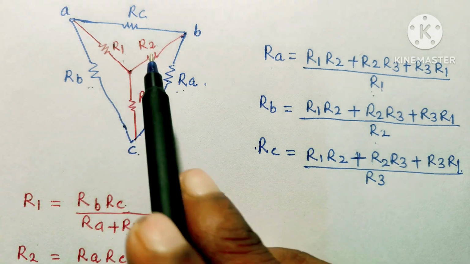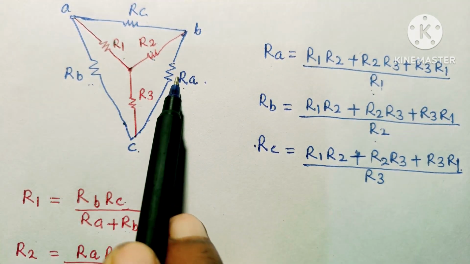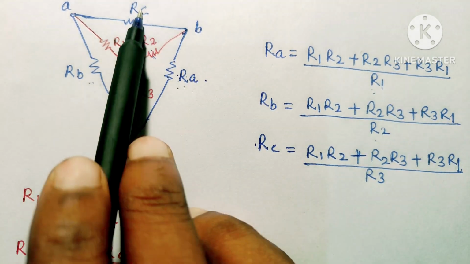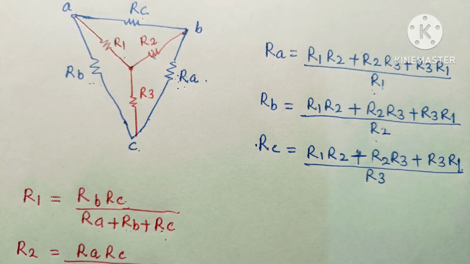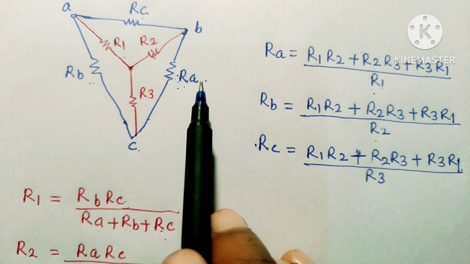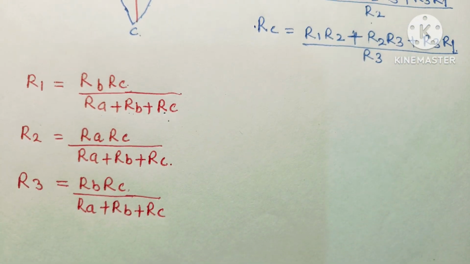If we want to find R2, then multiply these two resistances adjacent to R2, Ra into Rc, whole upon the sum of all resistances Ra plus Rb plus Rc. If we want to find R3, then it will be Rb into Ra whole upon Ra plus Rb plus Rc, that is written here.